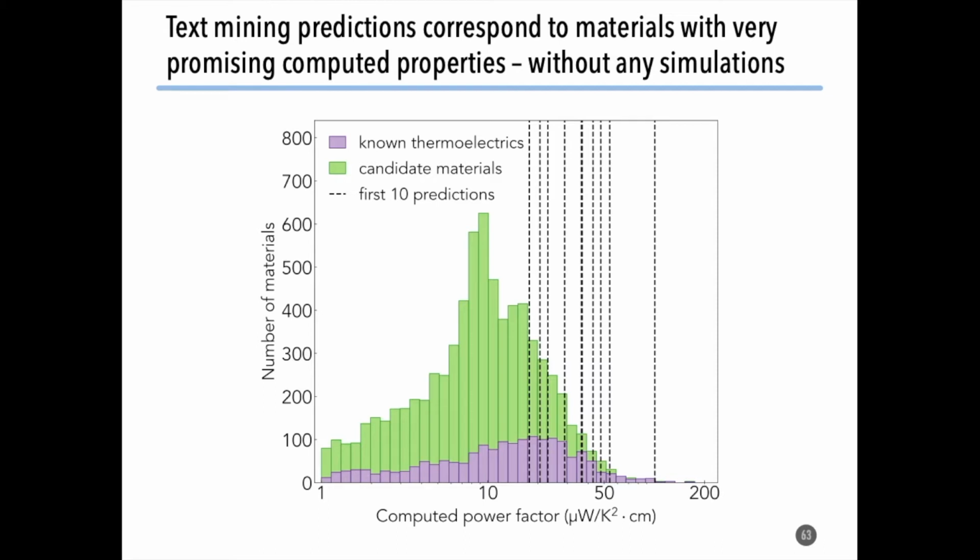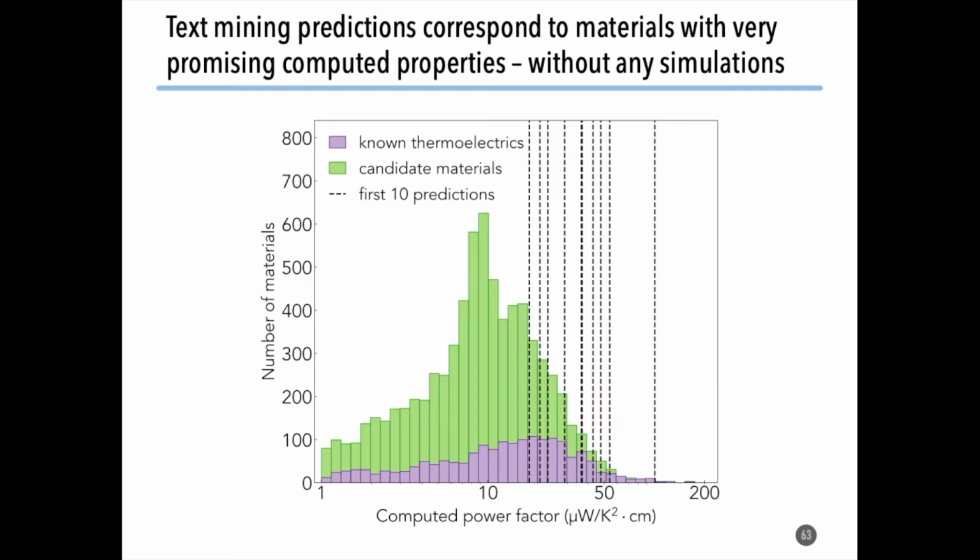If you focus on the known thermoelectric materials, the power factors are of course higher, because these have been studied as thermoelectrics. If you look at the first 10 predictions made just from the text mining, without any knowledge of the computations, they fall around the 99th percentile, all above the 50th percentile for sure, and they all look really promising from the computations. So the text mining is predicting things that the computations would independently confirm as being good thermoelectrics.